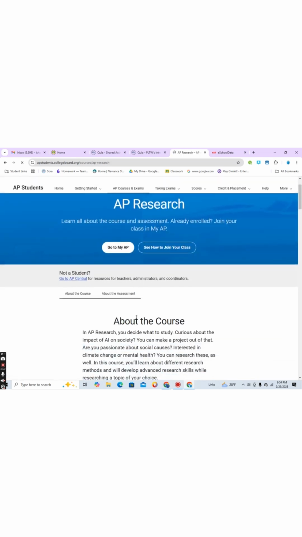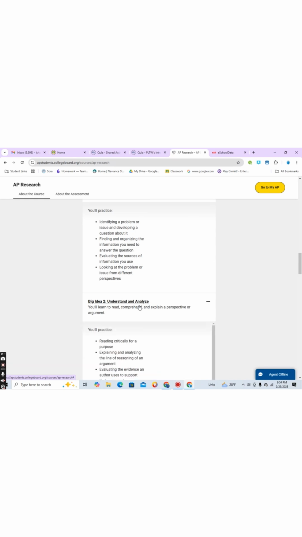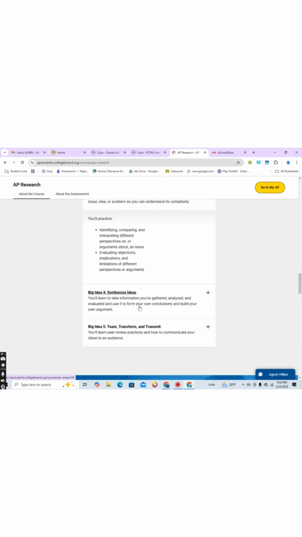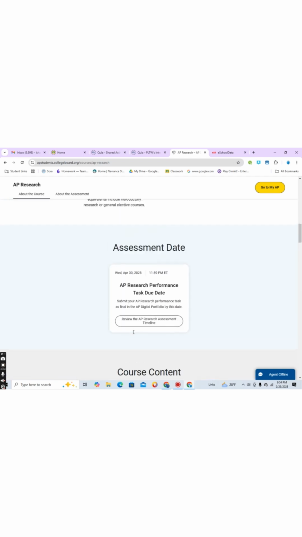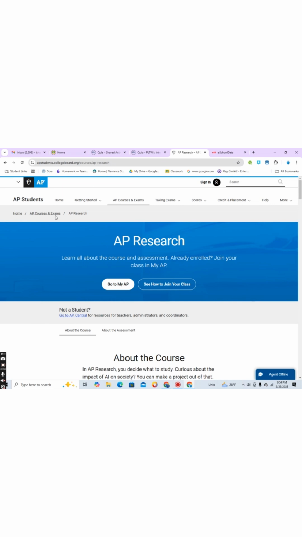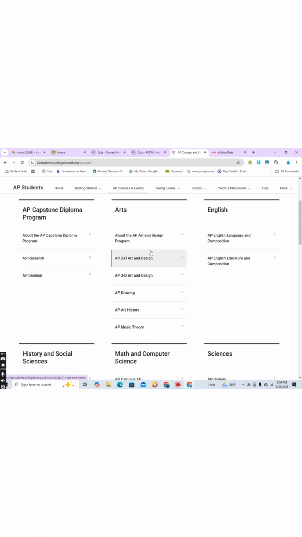That's the same thing with AP Research. In fact, it's literally the exact same, just that Seminar is a prerequisite to Research. I read this ahead of time, and it literally says the exact same thing there.